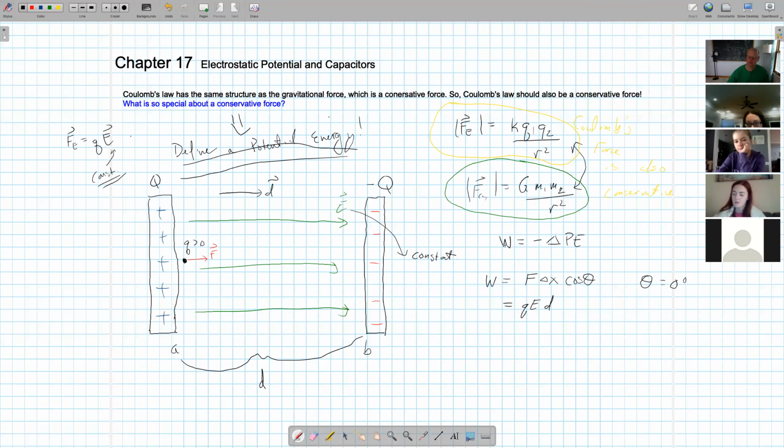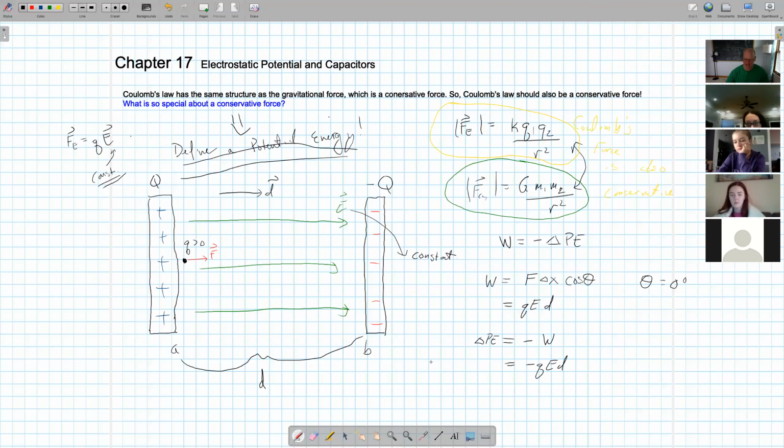Now, since the work is equal to negative the change of potential energy, the change of potential energy is equal to negative the work, which is equal to negative Q times E times D. So this is our potential energy. Now, let's talk about this a little bit.